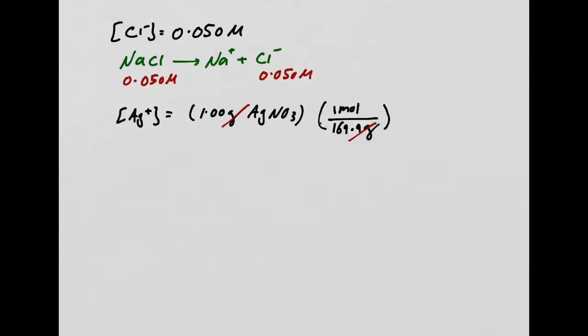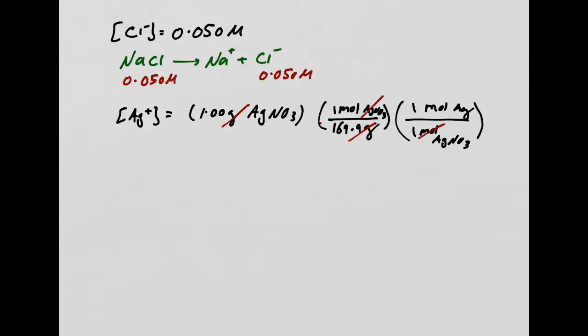So I have that. Again, this is 1 mole of silver nitrate. But silver nitrate is not what I want. What I want is silver. They have a 1-to-1 mole ratio, which makes it so much easier. So now the moles cancel out.